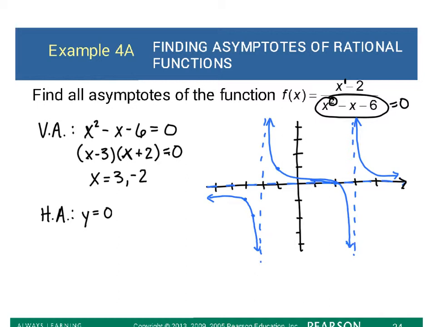Okay, there is our graph of our function. The main thing I want you to know how to do is find these vertical and horizontal and possibly slant asymptotes and be able to plot those on a graph and just figure out where the rest of the graph lies after you find those asymptotes.